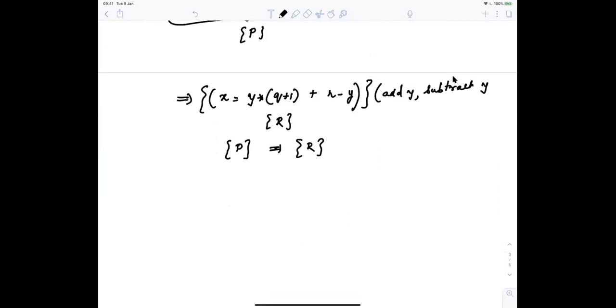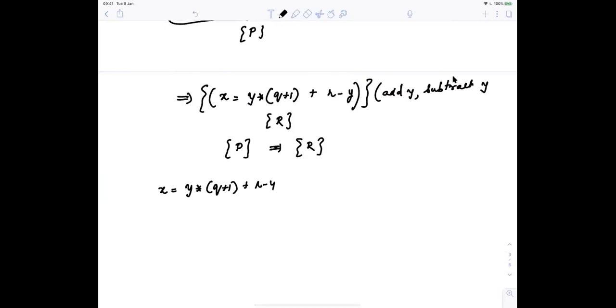Okay. Now let us see what happens if I execute the following statement. Let us take the assertion that is implied by P. I have x is equal to y star q plus 1 plus r minus y.